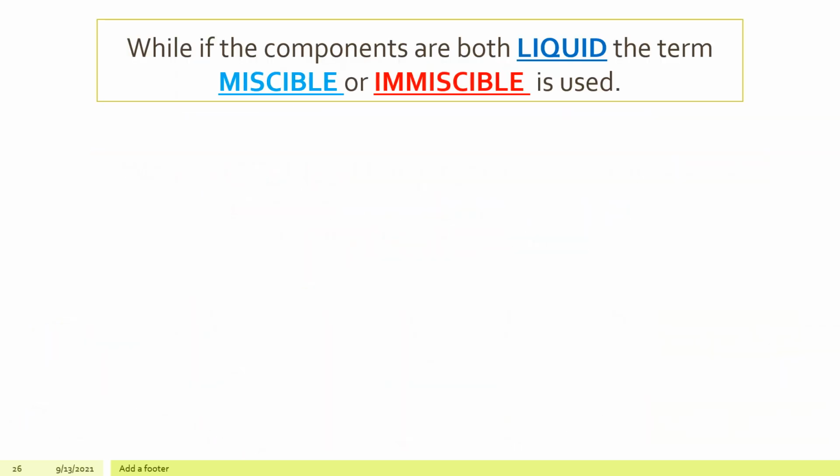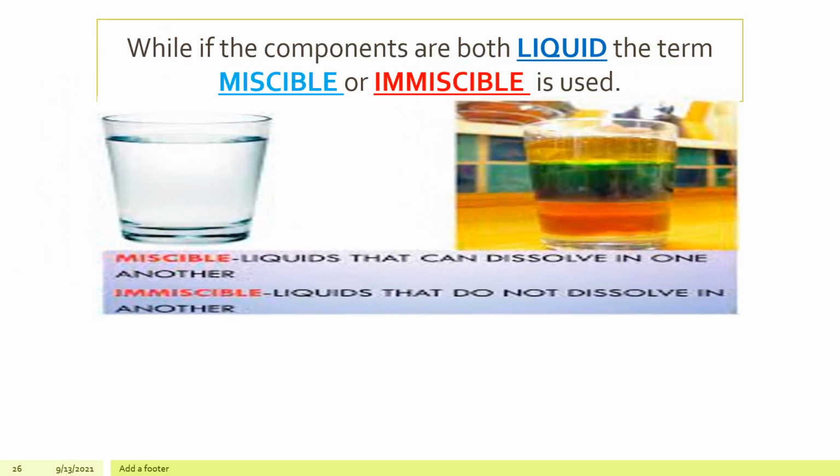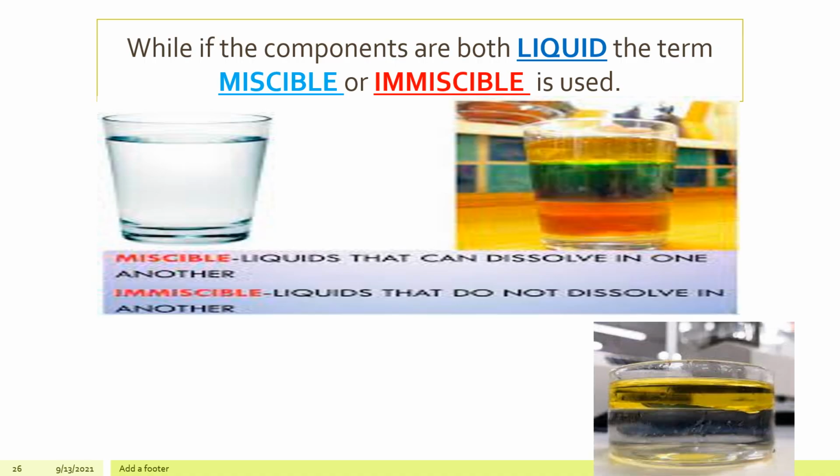While if the components are both liquid, the term miscible or immiscible is used. Miscible, liquids that can dissolve in one another. Immiscible, on the other hand, liquids that do not dissolve in one another. Take a look at the examples here.